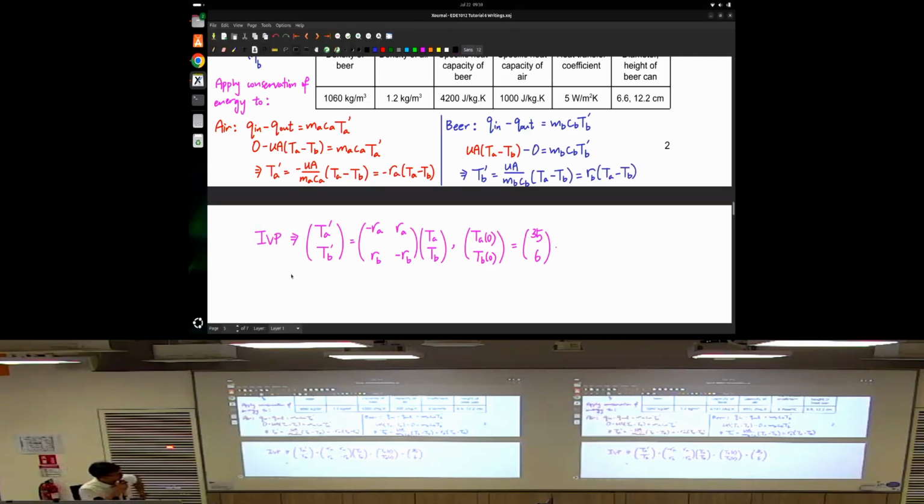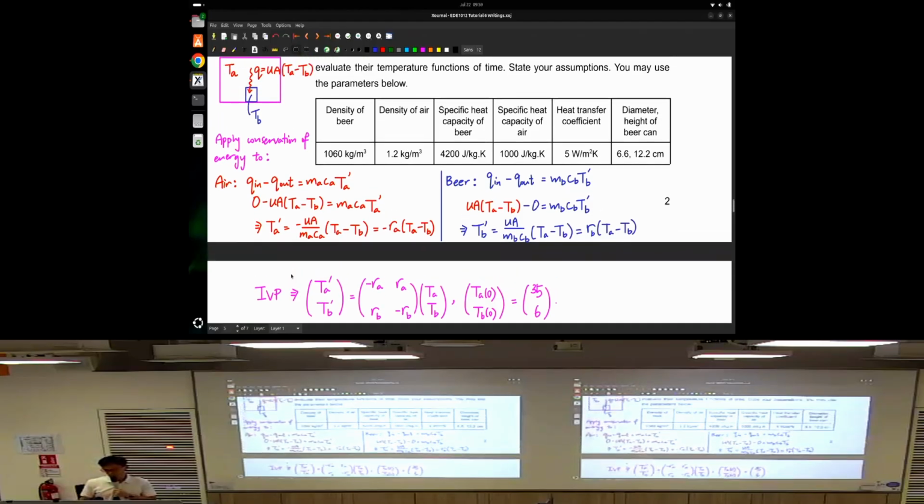So you derive the IVP already. Is that okay? Any questions on the derivation of the model, the mathematical model? Yes. Yeah, for your case, it will be that. Because if you don't assume the box is insulated, like a perfect insulation, then you will have heat exchange between the inside of the box and the outside surroundings.